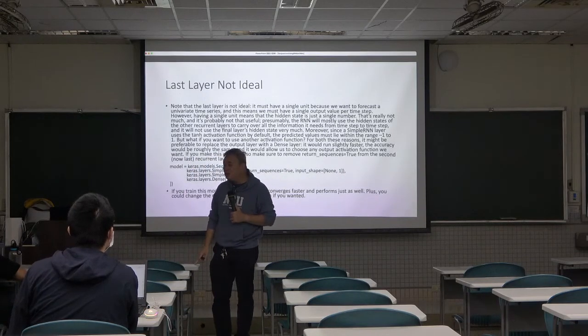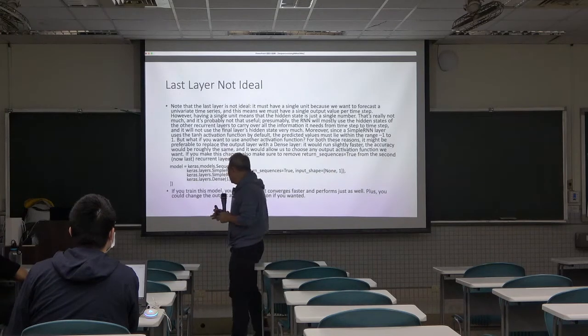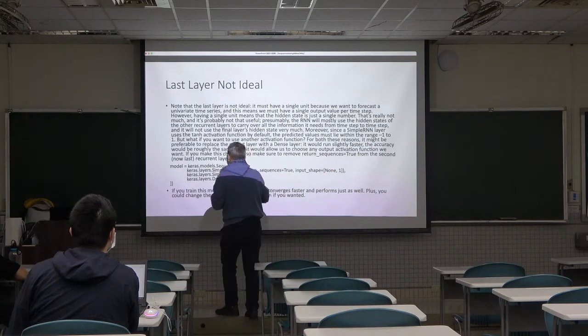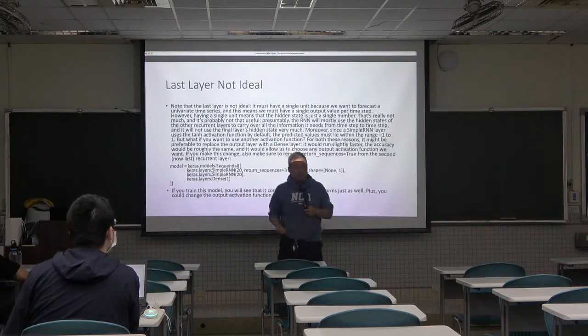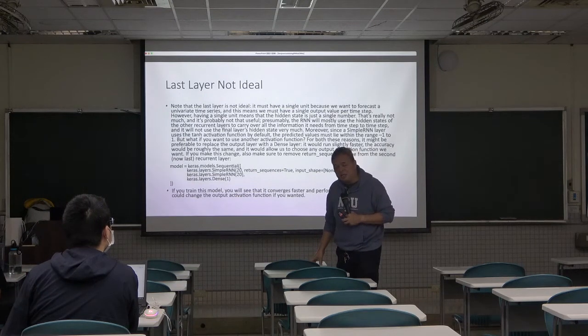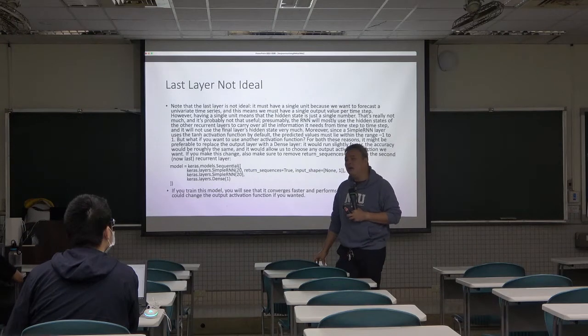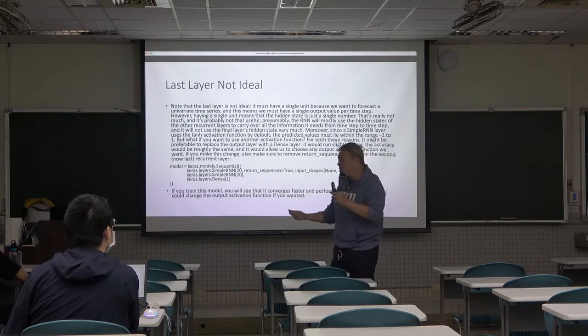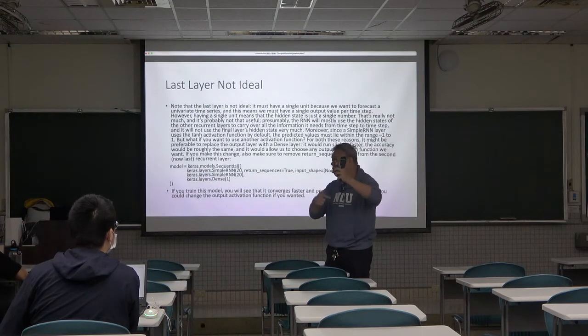But if you want to use a different activation function, then it is better to use a dense layer, because in the dense layer it is easier to incorporate a different activation function.